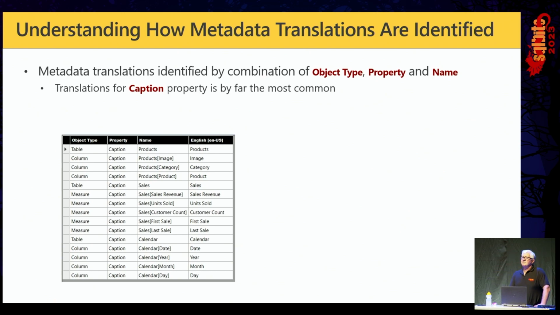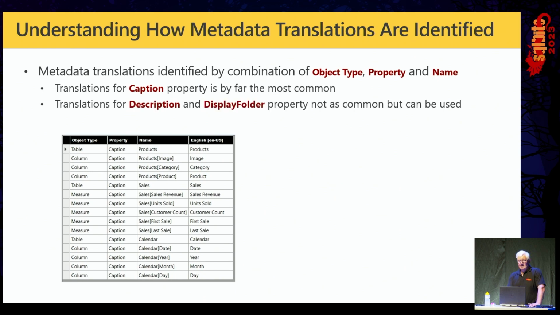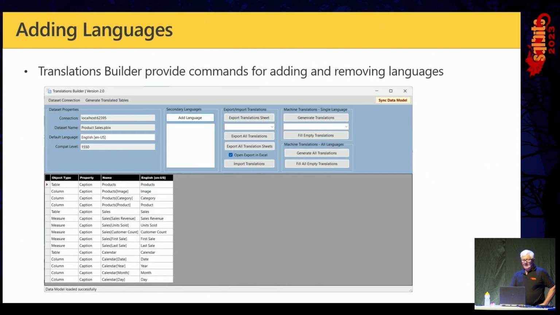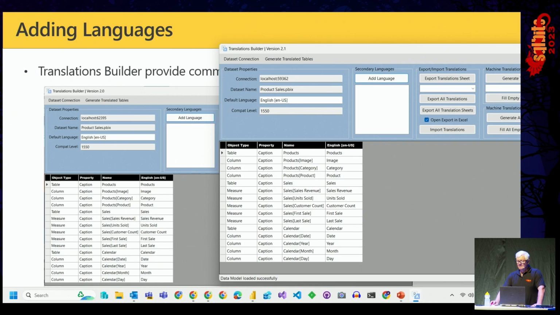And then we always have this default language. That's the underlying, before we even get to translations: your table has a name, your measure has a name. So that's seen as the default language and locale. And for mine, they're going to be en-US.